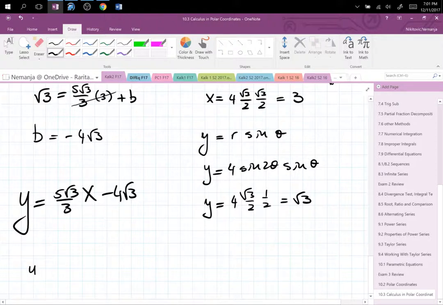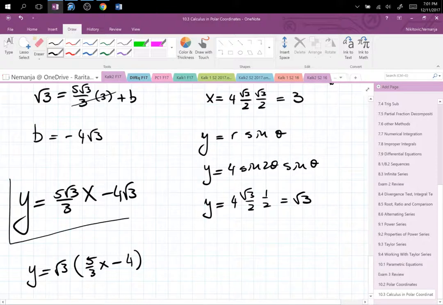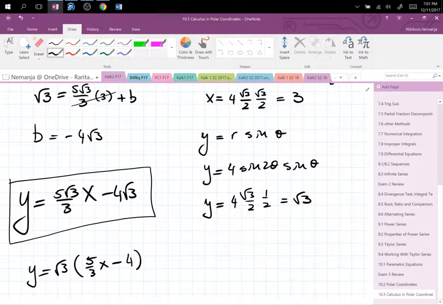Better version, y equals root 3 factored out, 5/3 x minus 4. That's the better version, but we can keep this one. Messier, obviously, but it makes sense, I think.